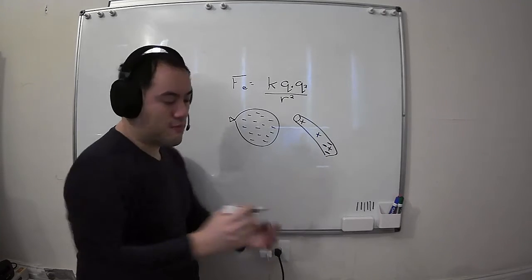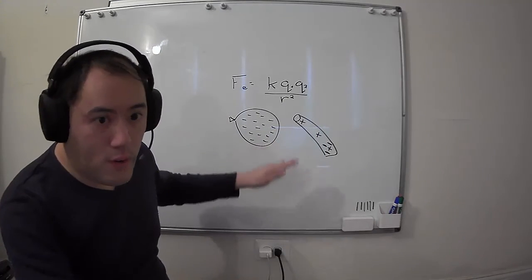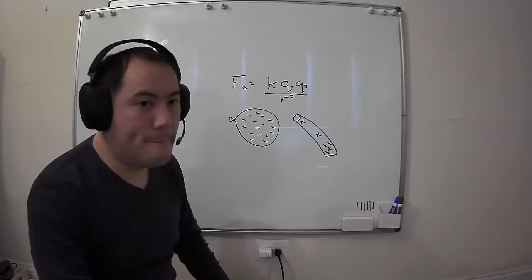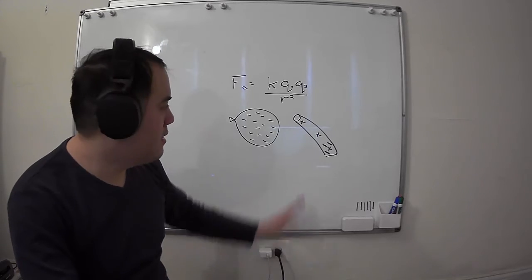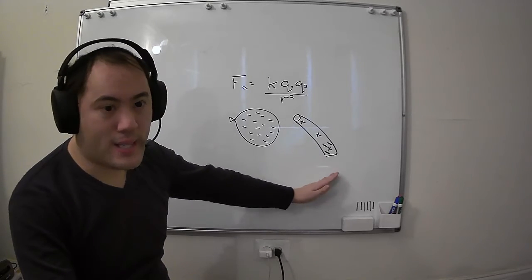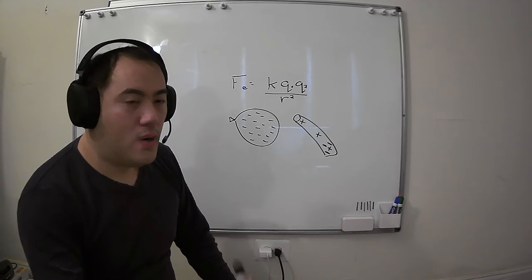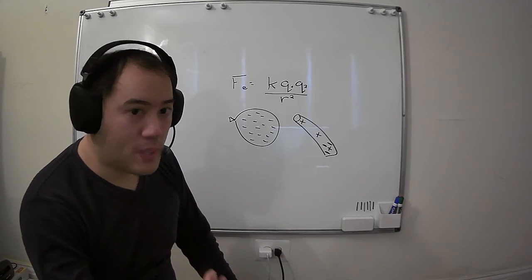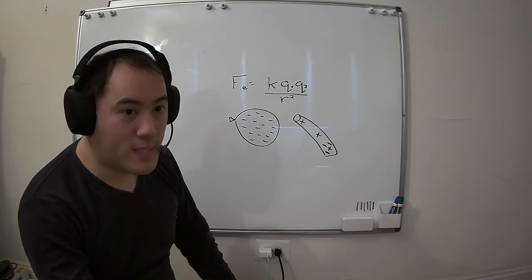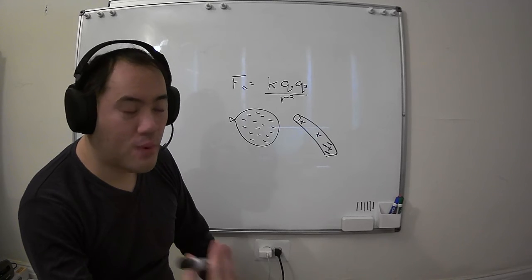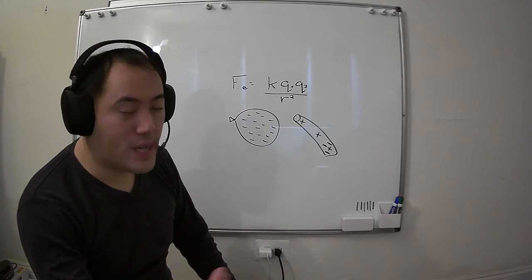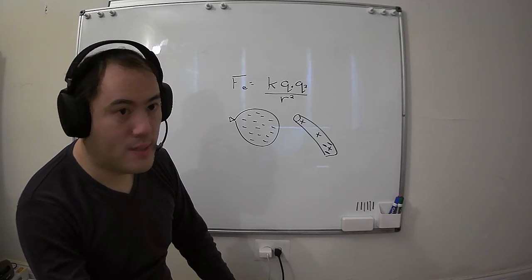Look at this piece of feather. Overall, it's neutral, but it has two sides. Let's call it left side, right side. What can we say about the force on the left side and the force on the right side? Of course, you can say the left side is attracted, the right side's repelled.